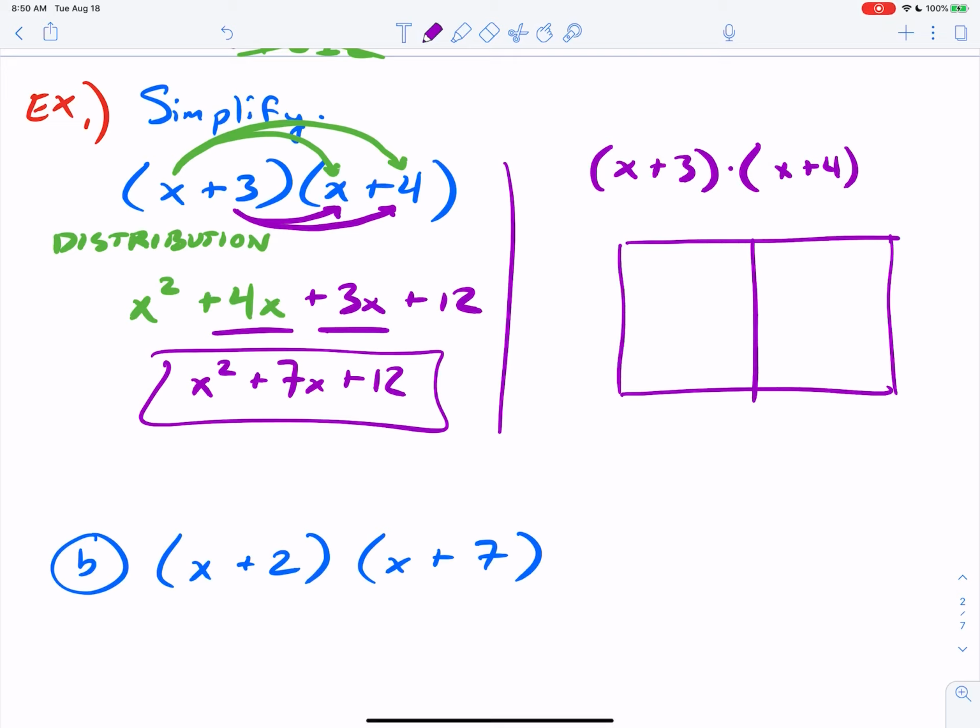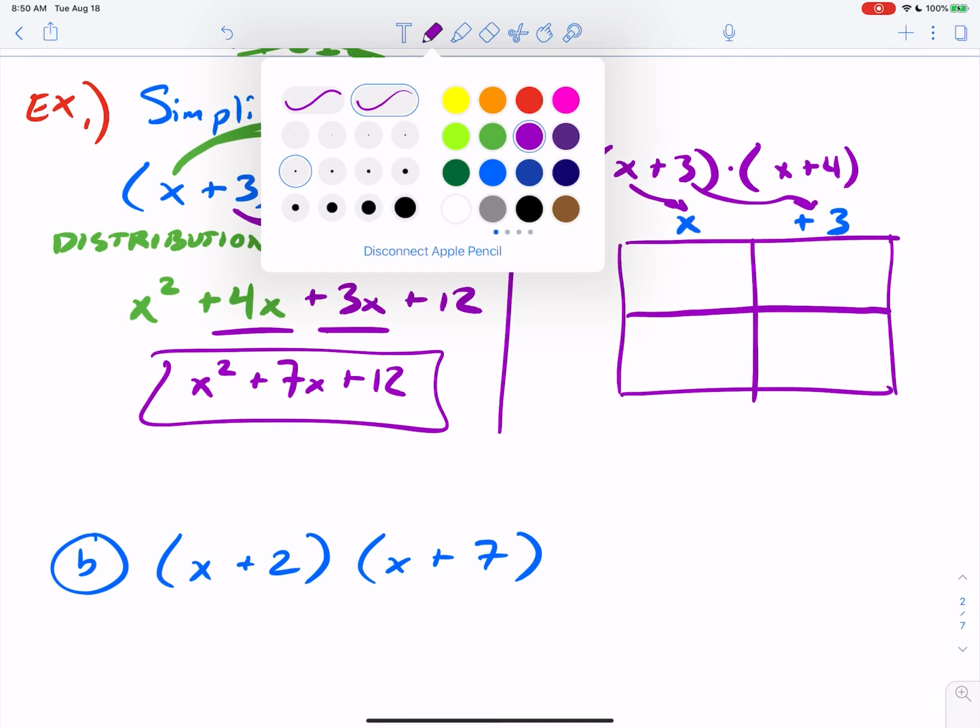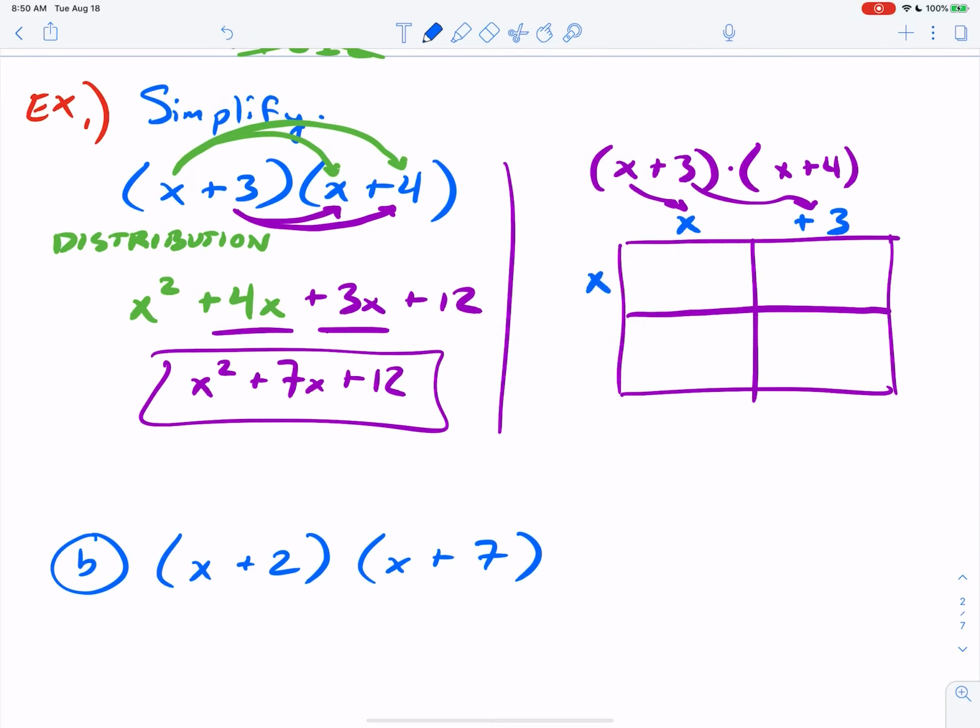Here I have an x and a plus 3, so I'm going to write an x and a positive 3. Now we're multiplying that with an x plus 4, so I'll put an x plus 4 here. You've seen this a lot, even in biology with Punnett squares.